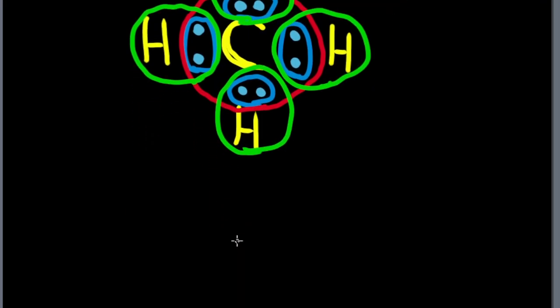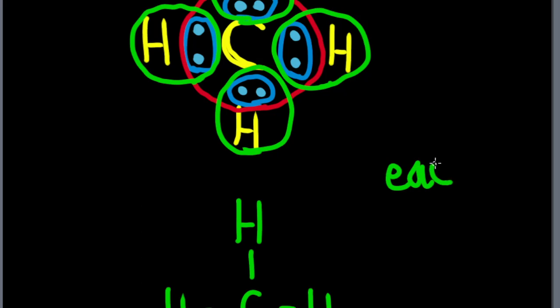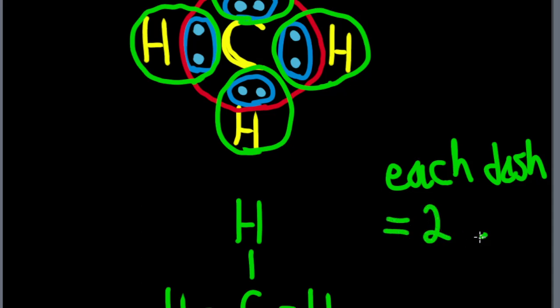So I could actually draw methane like this, where each dash or line equals 2 electrons. So this is the more common representation of methane, and this is the basis for the remainder of our discussion today.